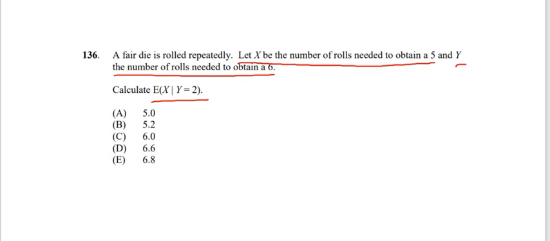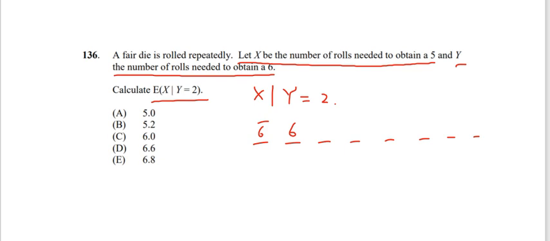So let's consider the distribution for x given y equals 2. What does this mean? Y equals 2 means we roll this die, the first one is not 6, the second one is 6. So under this condition, we want to find the expected value for x.